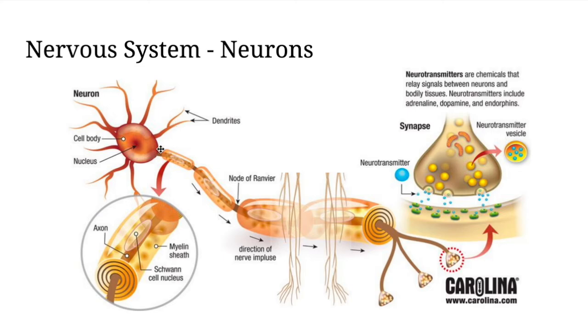There are dendrites that bring information to the cell body, and then that gets passed along this structure, which is called the axon. Around the axon, you can see them here. They look like little capsules, kind of. Those are going to be insulation so that the message is sent smoothly along the axon.